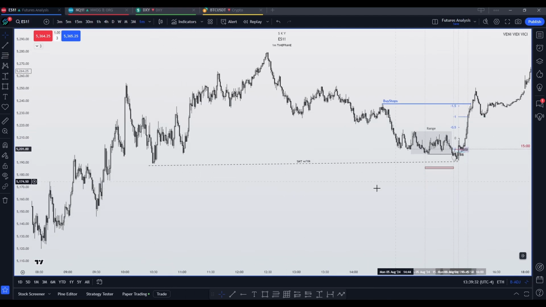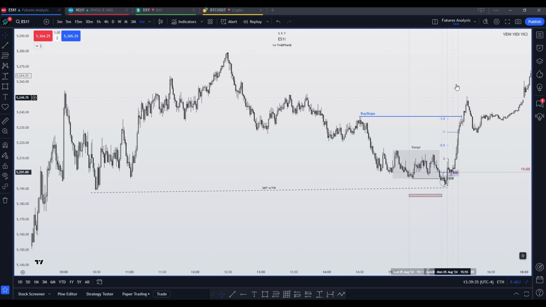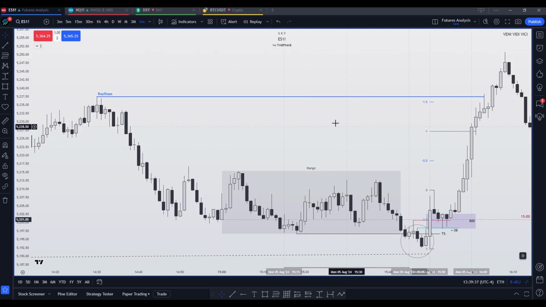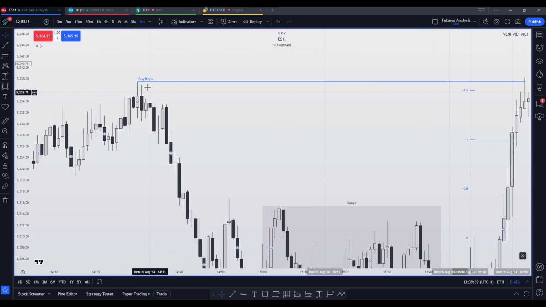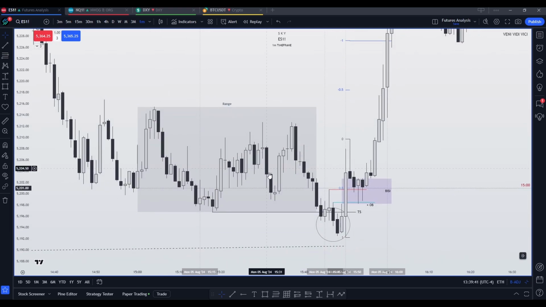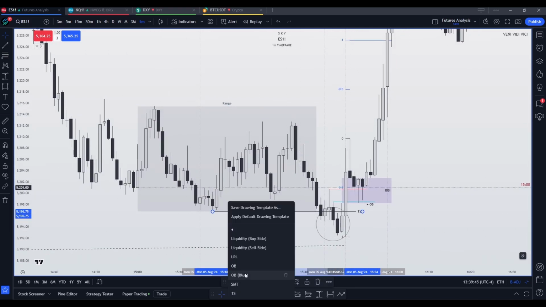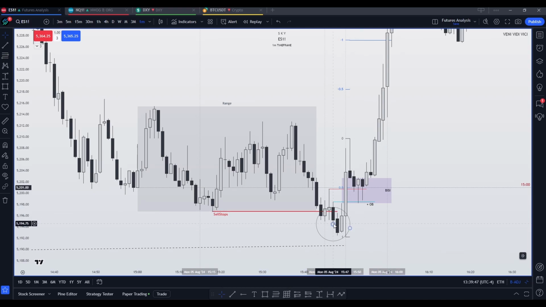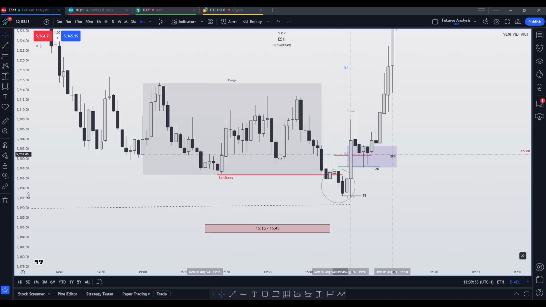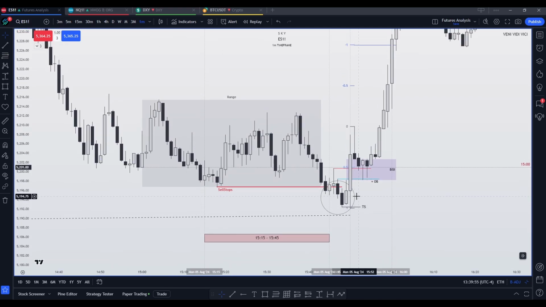You have the SMT with YM on the lows, pushing price higher. We can see we have our stops, some sort of range. Here's sell stops. Then here we got the turtle soup. You can see how it still presents well.